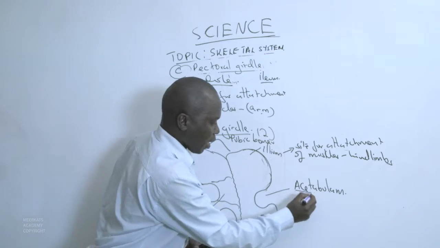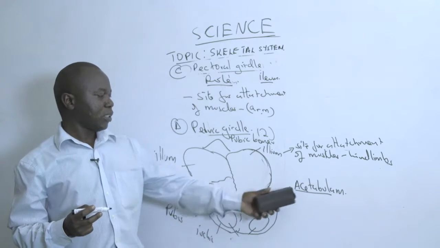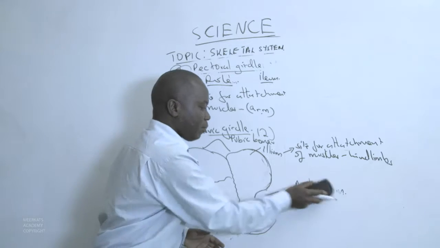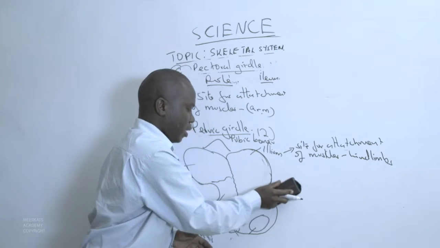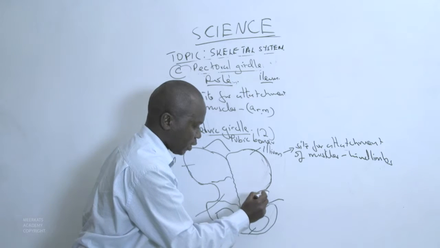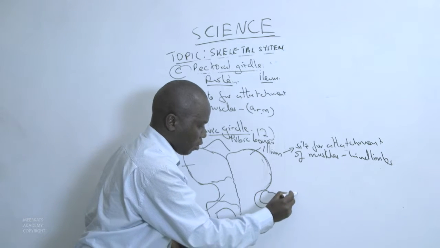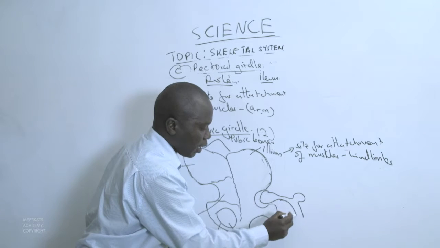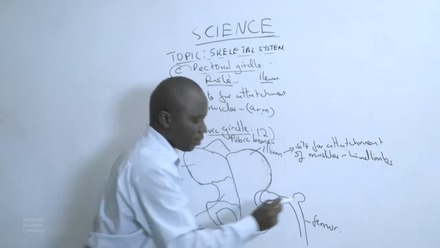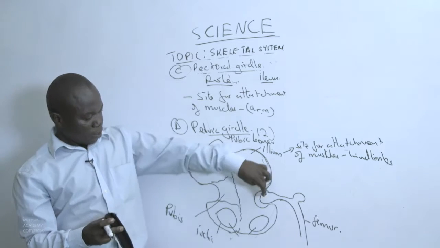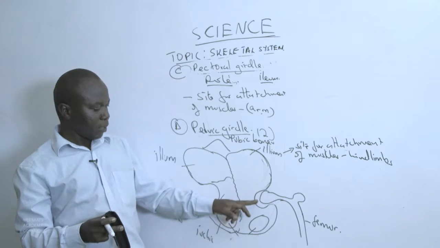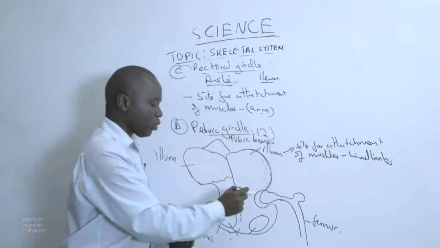In this pubis, we have a cavity. That cavity is called the acetabulum. The acetabulum forms a socket for articulation with the head of the femur. So when the head of the femur gets into that cavity, it forms a joint.